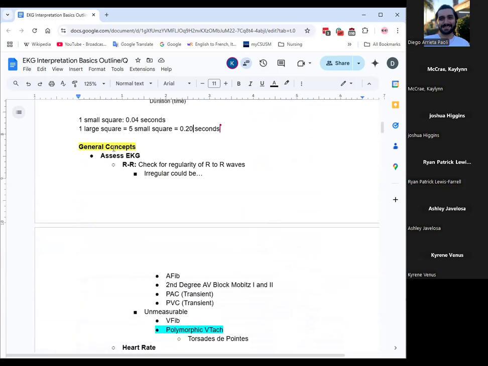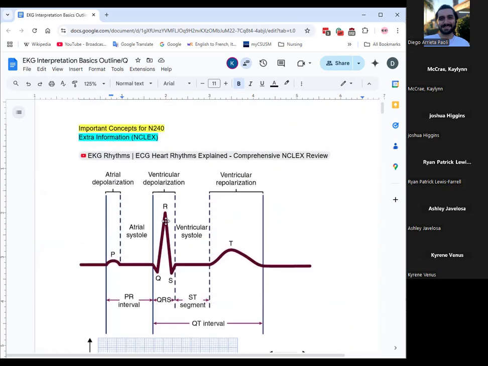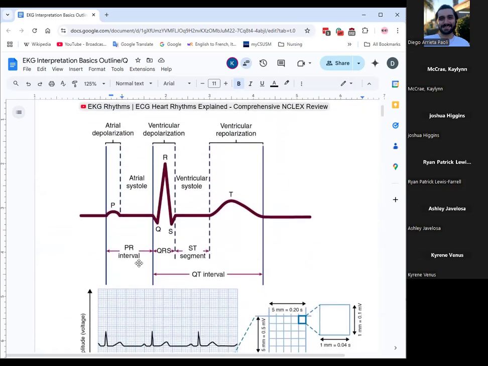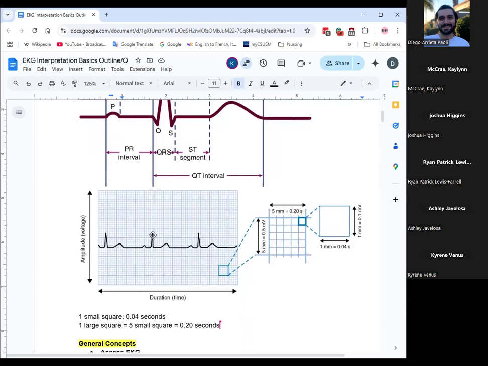But yeah, I don't know where you wanted to go with the outline from here. So I just have some general concepts for how to assess the EKG. I have listed a decent way to go about assessing an EKG. I like to start off by checking the R to R. So when you have the PQRST, I literally just take my finger, or when we're testing, my mouse, and I check to see approximately if it looks regular or not.